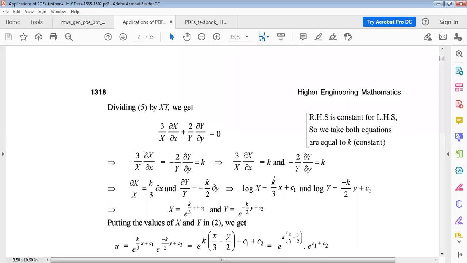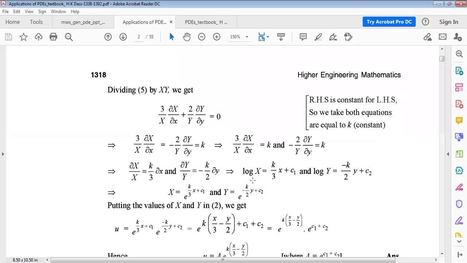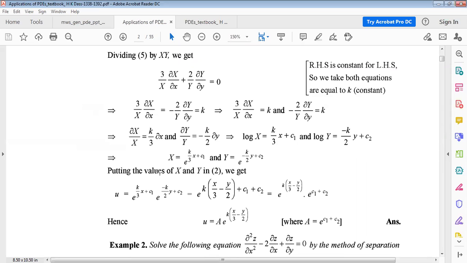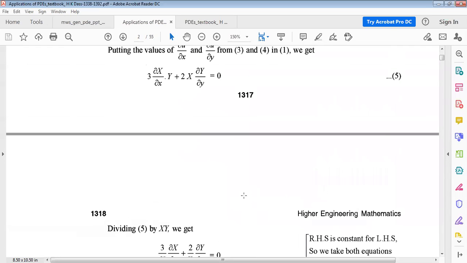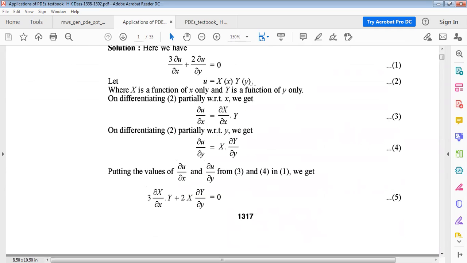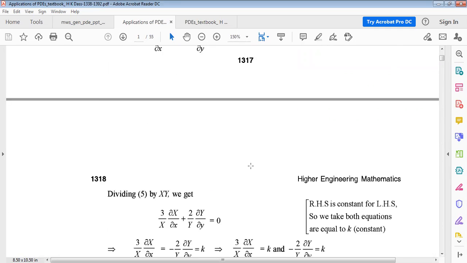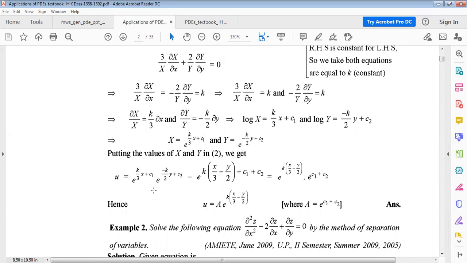So this solution can be written as capital X equals to exponential, taking exponentiation on both sides, e to the power this whole. Similarly Y equals e to the power this. Understand? Now putting the values of X and Y in equation 2, this is our solution. U equals to what was? XY. So just putting the value of XY, u equals X into Y, and e is the base.